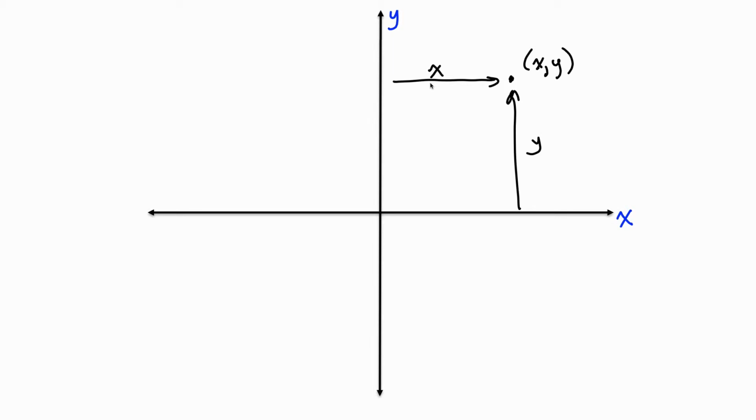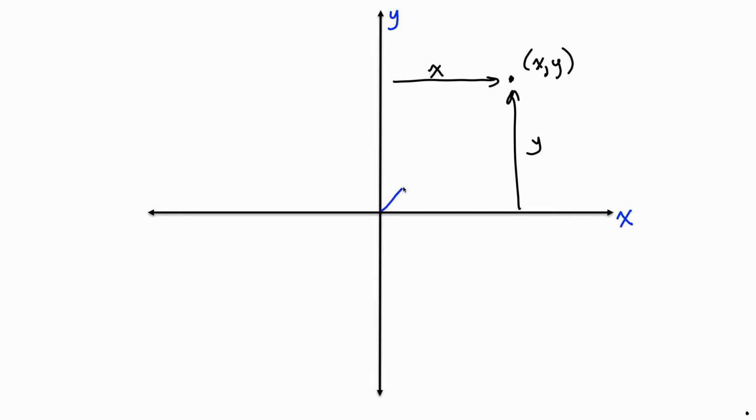This we all know. But there is another way to specify the location of this point uniquely. Well, uniquely in the sense that one set of coordinates maps only to that specific point. You'll see what I mean in a minute. There's another way I could specify the location of this point, though.